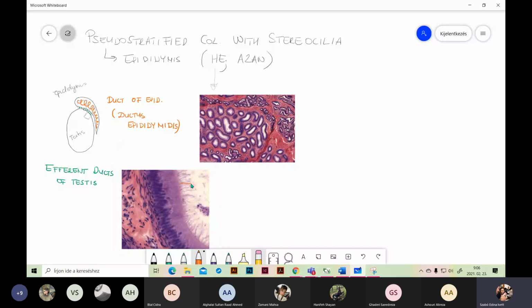Stereocilia, they are attached like this, and stereocilia is a huge surface modification structure, and we can see the reserve cells. That's why it's very easy to recognize the pseudostratified columnar epithelia.